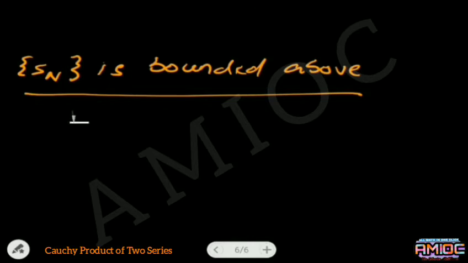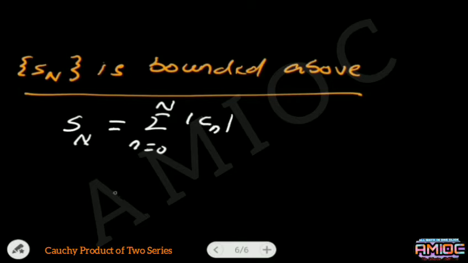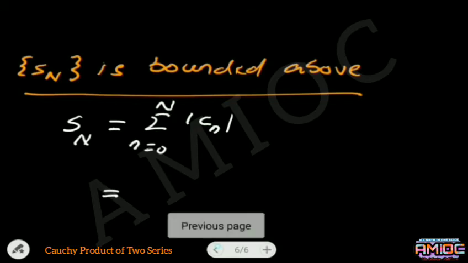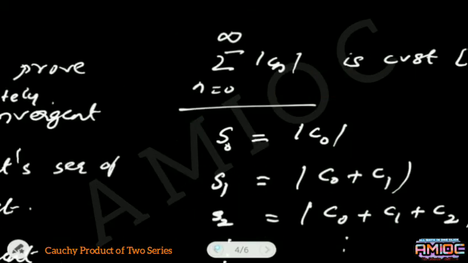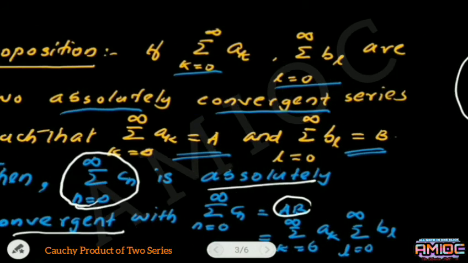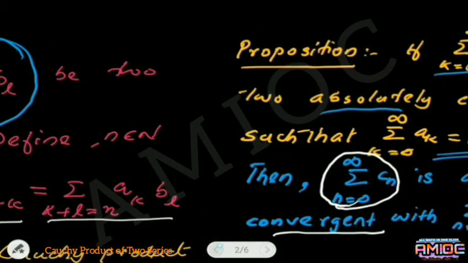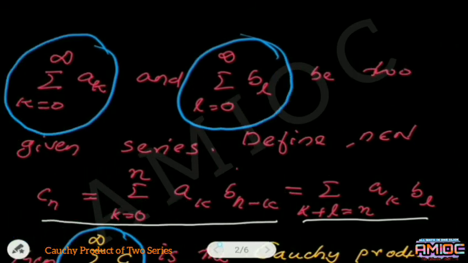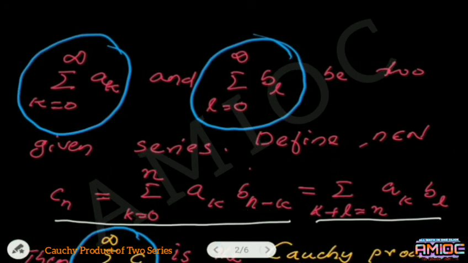Let's prove the result. What is Sn? Sn is equal to summation n equal to 0 to n of mod Cn. What is Cn? Cn is given by summation k equal to 0 to n of ak b(n minus k), and it can also be written as summation k plus l equal to n of ak bl.